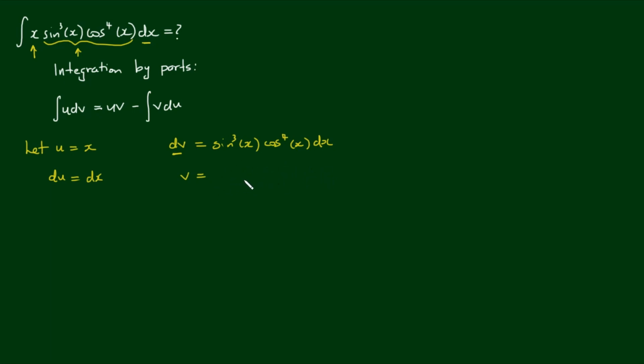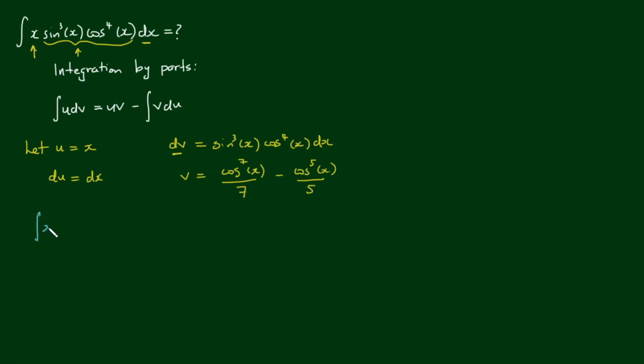So I'm going to cheat a little bit and just write the result. So the result of this integral is cosine to the seventh power of x on 7 minus cosine to the fifth power of x on 5.